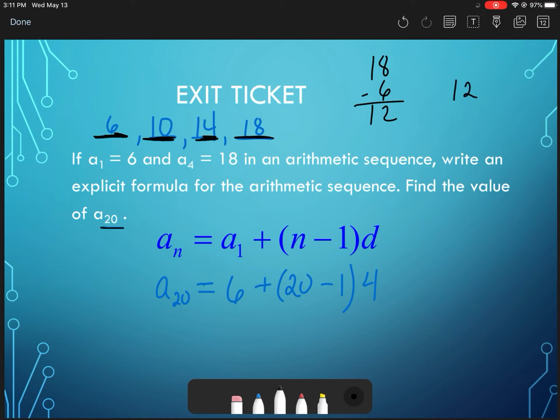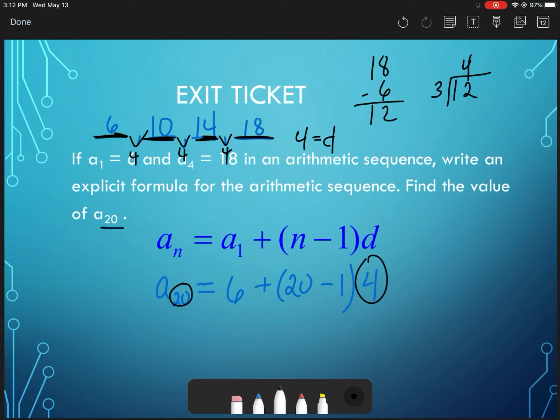Okay, so take 12, divide it by 3, and that gives you 4, and that's your common difference. Okay, so 6 plus 4 is 10, 10 plus 4 is 14, 14 plus 4 is 18. So if you just double check your work to make sure it gets you to 18, and then you're good to go. So 4 is our difference, and then we use that and plug it into the formula.